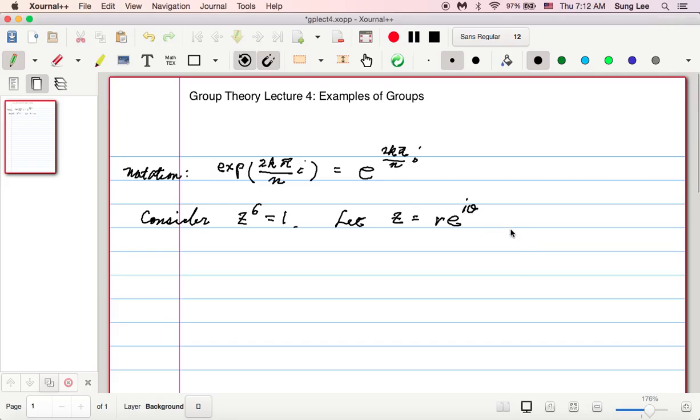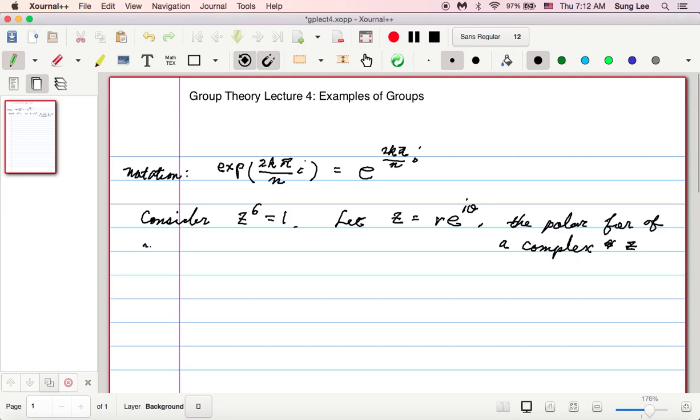This is the polar form of a complex number z.